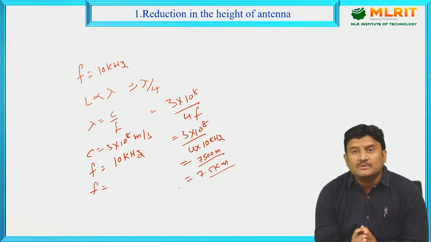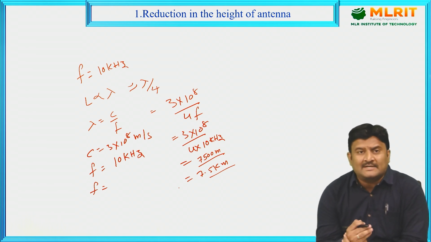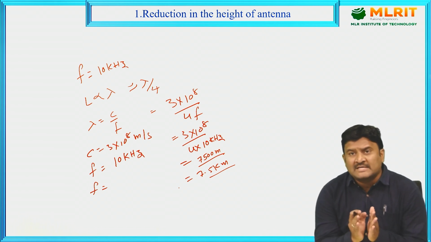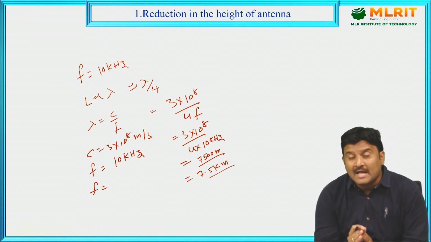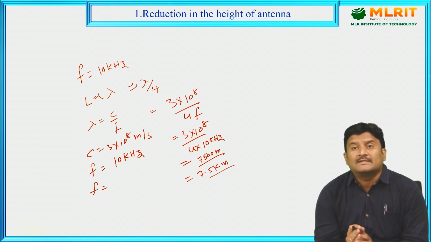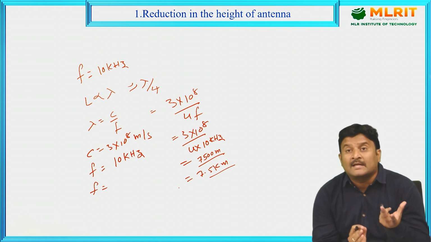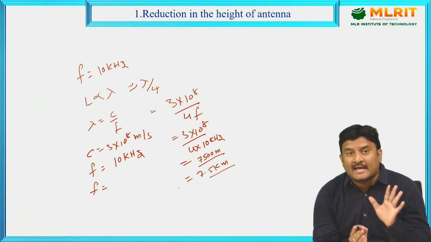Here the question arises: sir, what does it mean that the frequency can be increased? Here the 10 kHz or 1 kHz actual frequency I am not disturbing, but I am multiplying that small frequency, our information signal frequency, with a high frequency signal. That high frequency signal is a carrier.